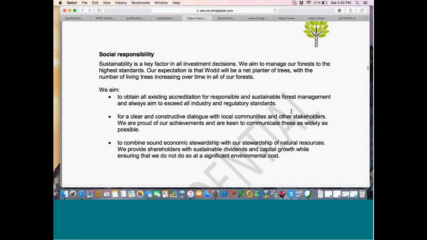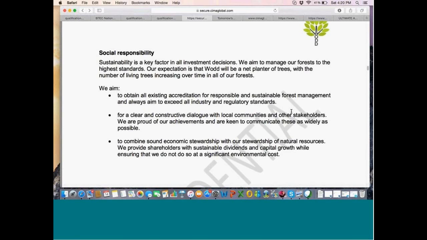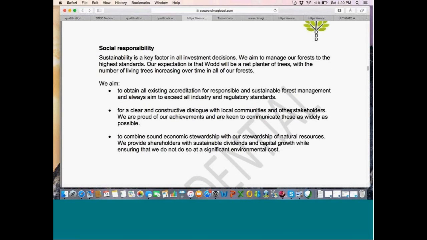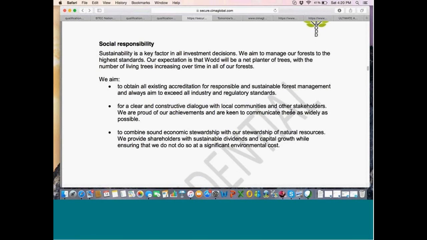They say they aim to obtain all existing accreditations, which they've got most of the time, and they're trying to get more accreditation because they want to build their brand. Then, of course, with the local community, they're quite conscious of the stakeholders they're working with, and they want to work with them very closely, as you can see, and bring value.